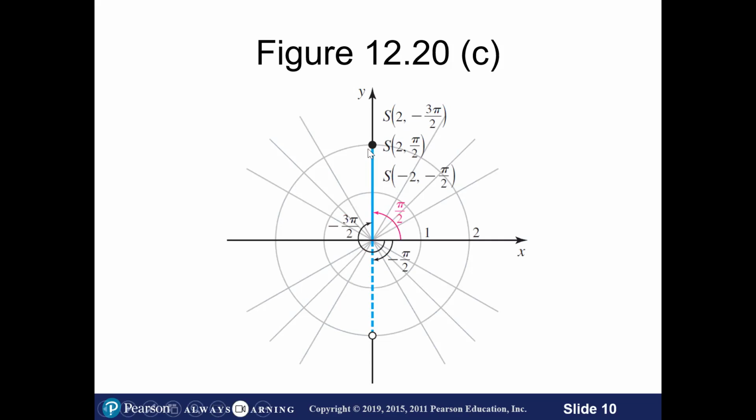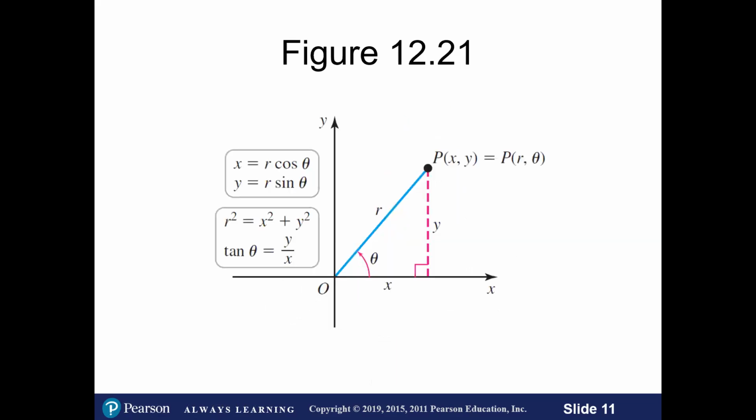It would have gotten us there also. We could go negative 2 units, negative pi over 2, and that would have gotten us to the same place. Just an example of how you have multiple ways of expressing the same point in the plane.